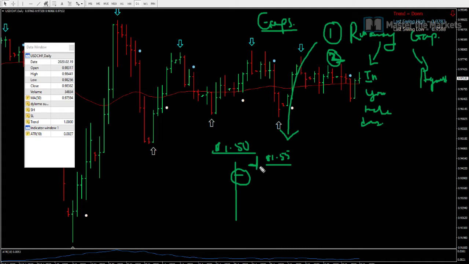Just one distinction I need to make is that when we say we want to enter on the close of this bar, we are basically saying that we want to get that price after the bar has closed. That's an important distinction.